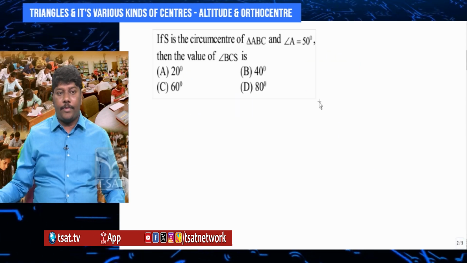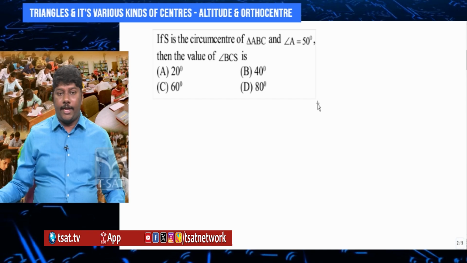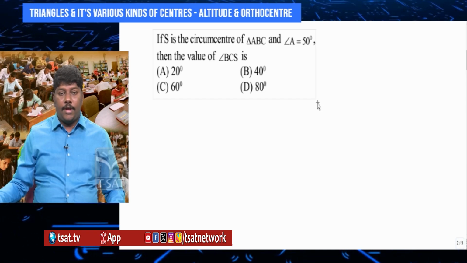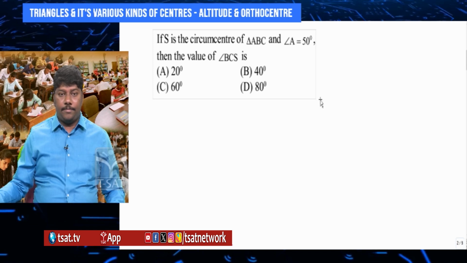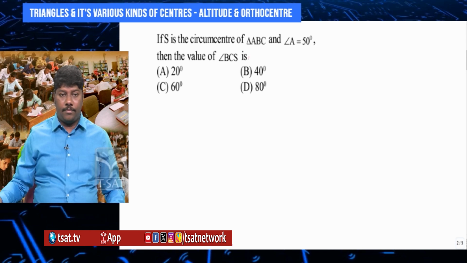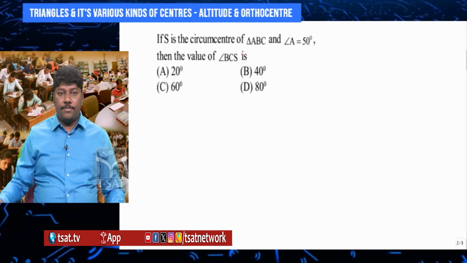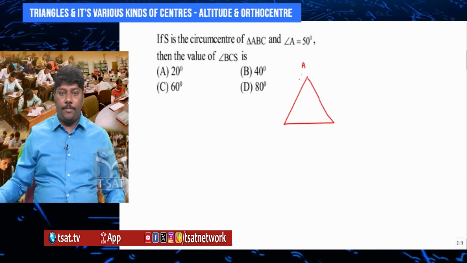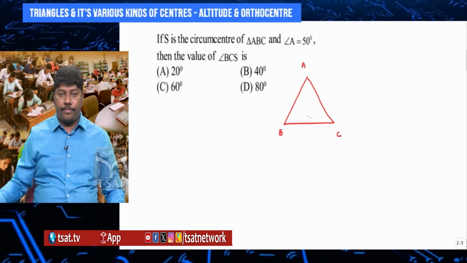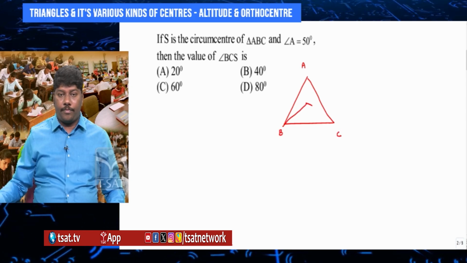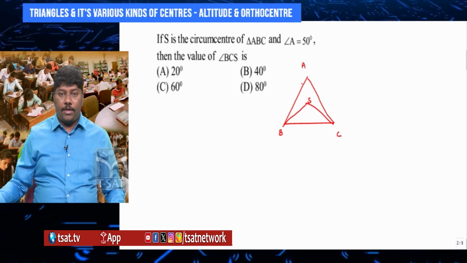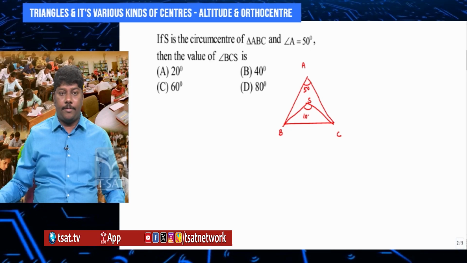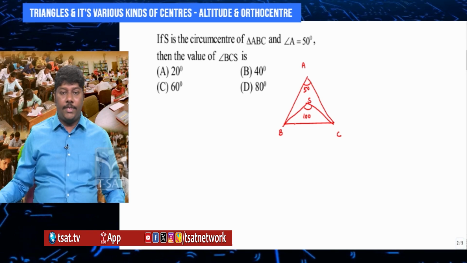See this question. If S is the circumcenter of triangle ABC and angle A is equal to 50 degrees, then the value of angle BCS is? If angle A is 50, obviously at the circumcenter the angle becomes 100, because it is double. Now he is asking for BCS.